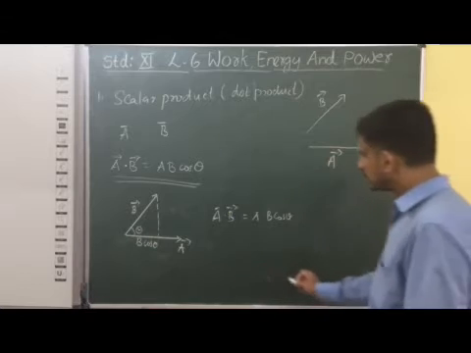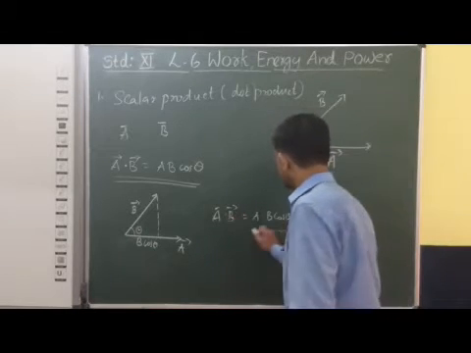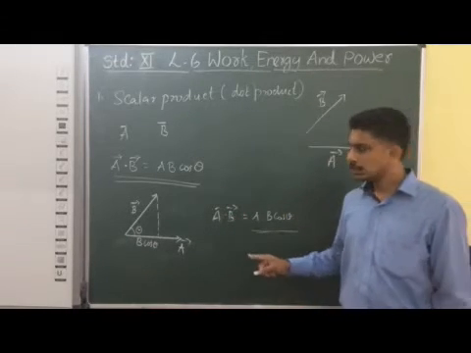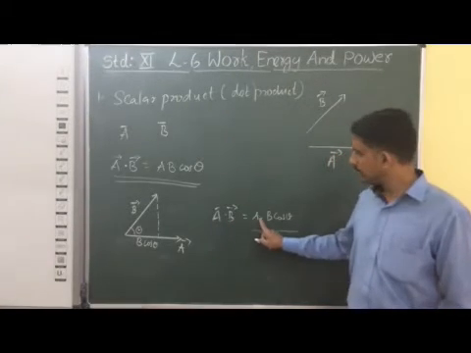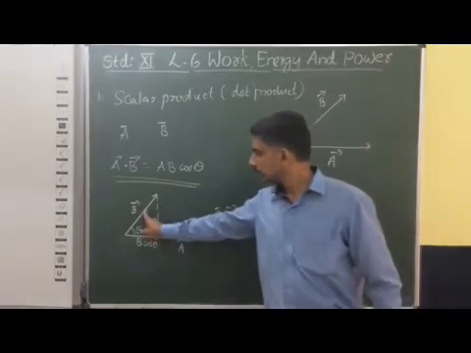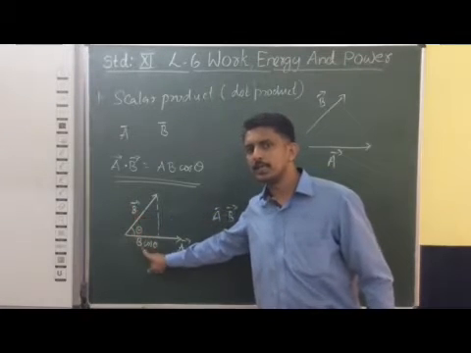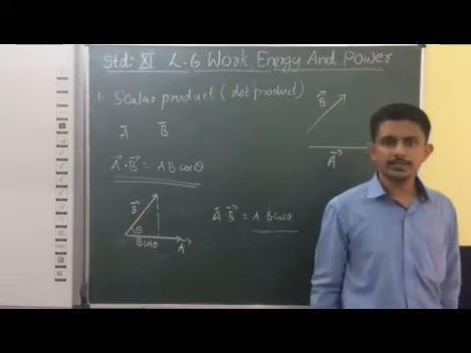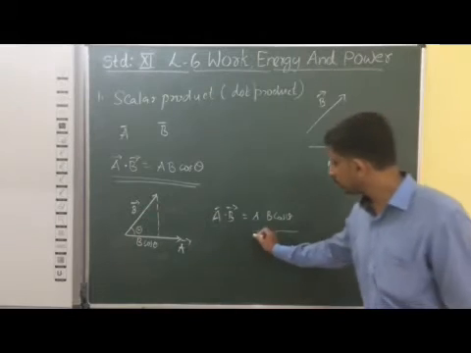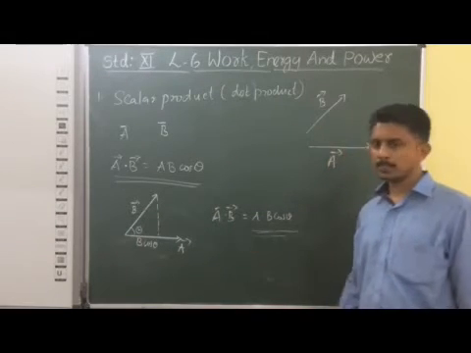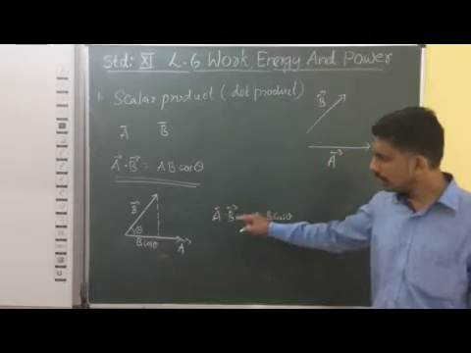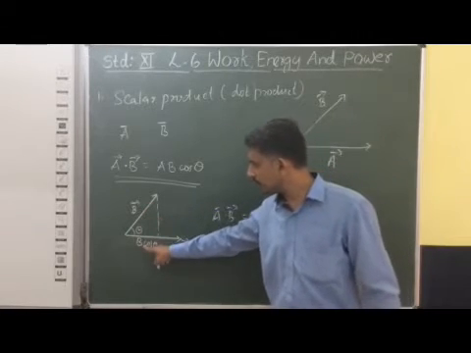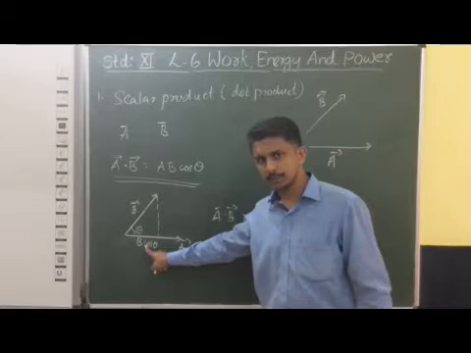So we can define A dot B in another manner also. It is the product of the magnitude of vector A and the component of vector B along the direction of vector A. That component is B cos theta.